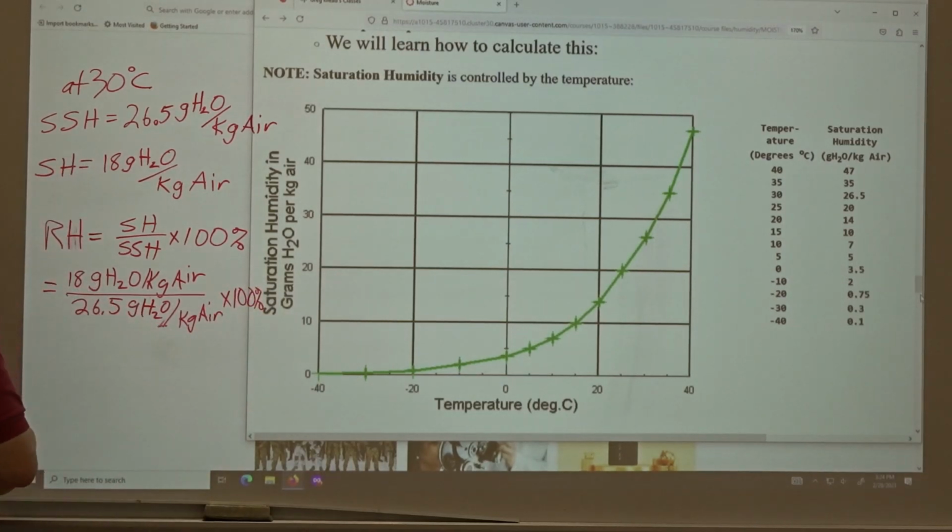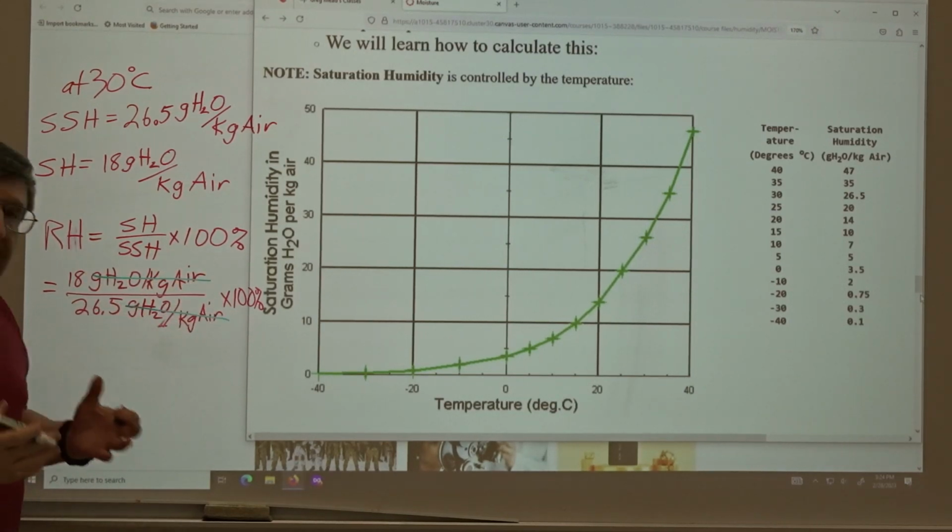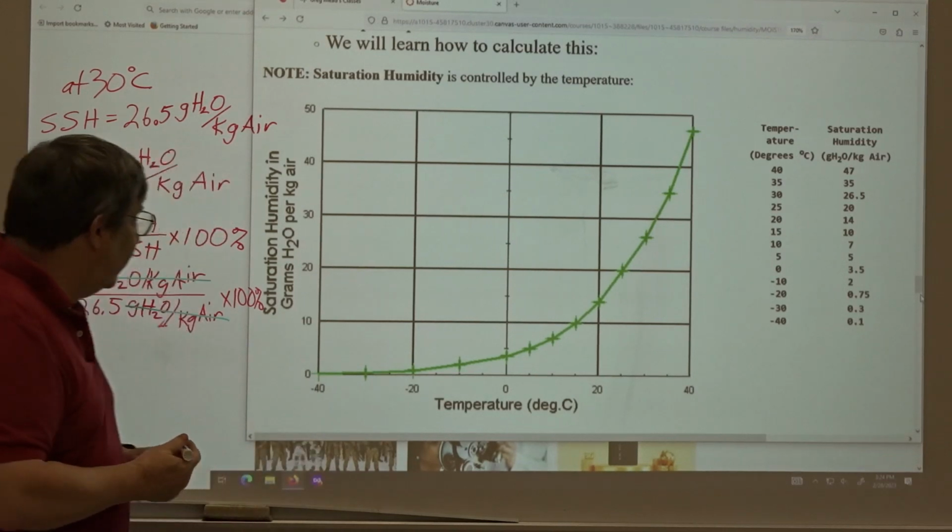And again, we can see that the units will cancel out, which indicates to us that we're writing this correctly.